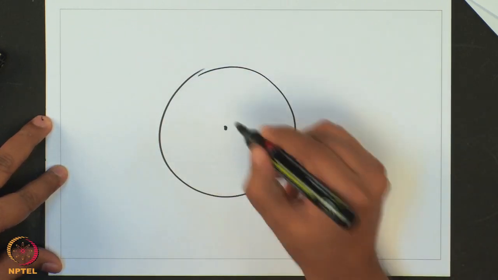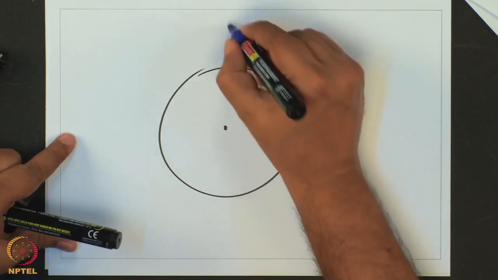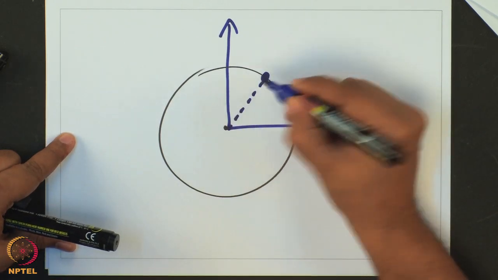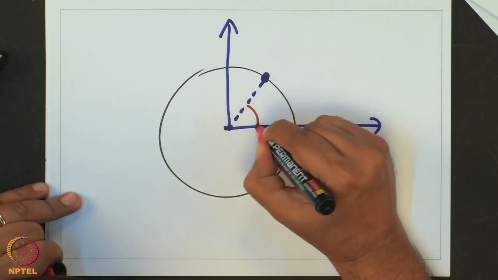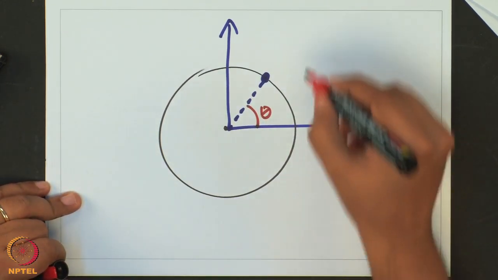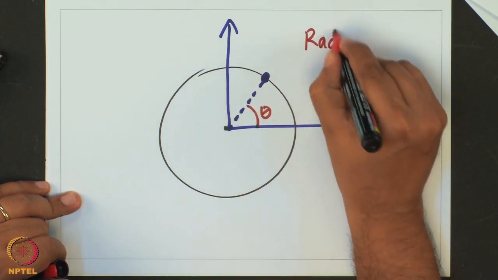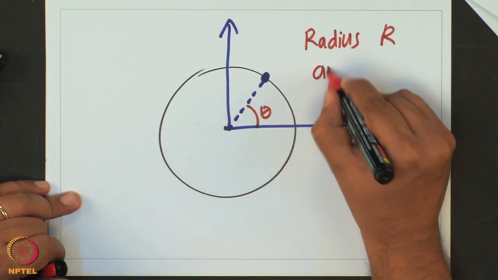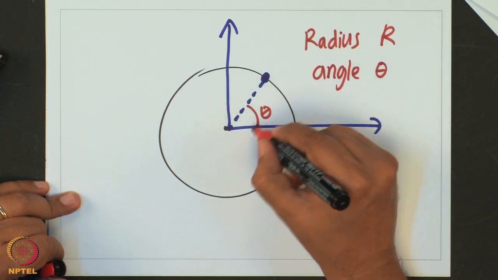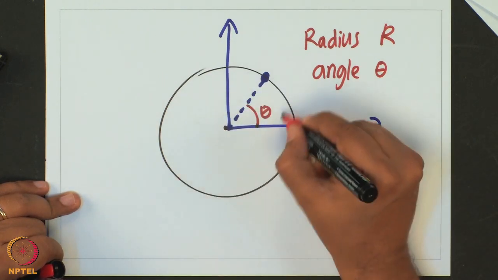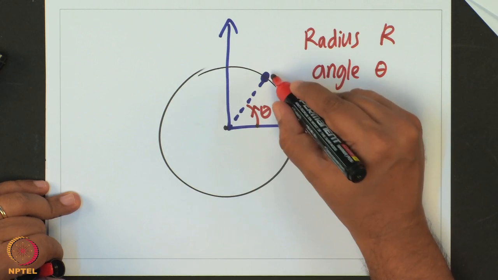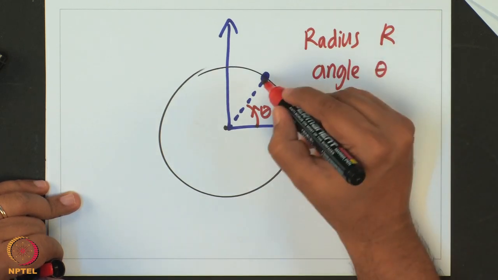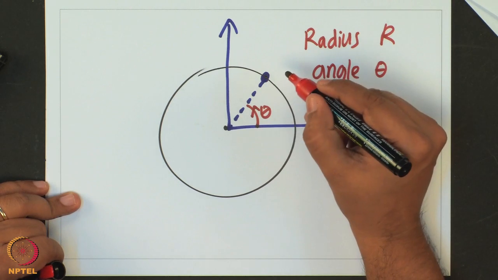So what we are saying is that if you have a circle and we want to get any point on the circle, this point on the circle, if I specify this angle from the x-axis and the radius, which is this distance, and this angle theta in the counterclockwise direction, and this radius which is along the radial direction, if I know these two quantities r and theta, I can get this point, right?